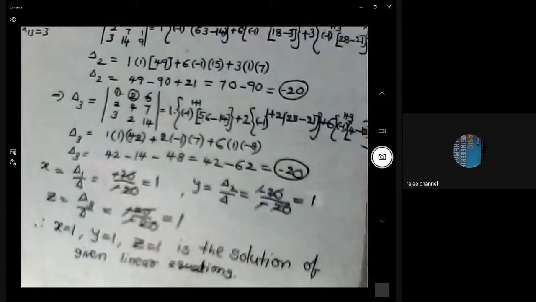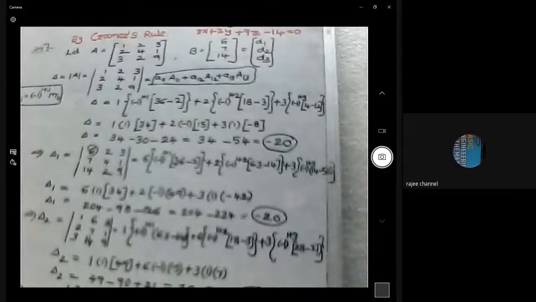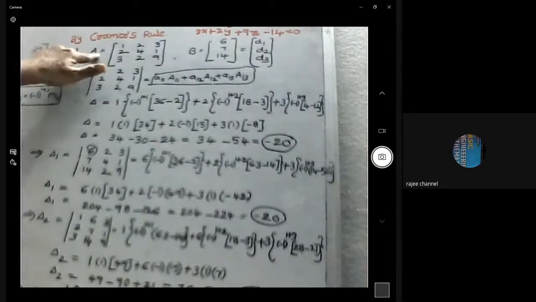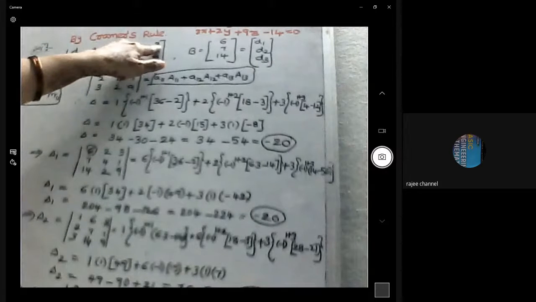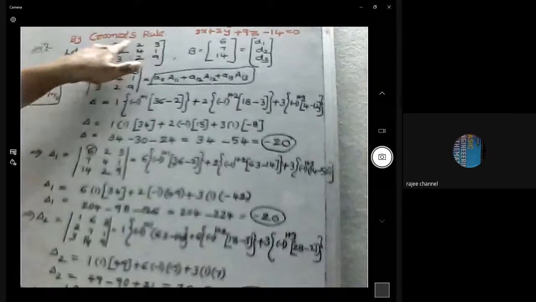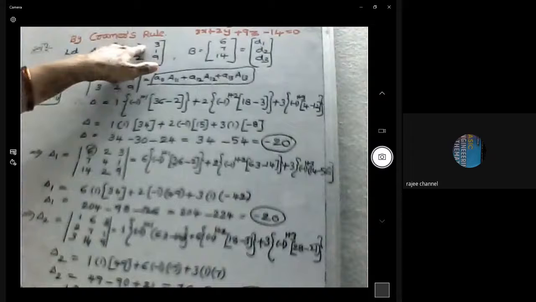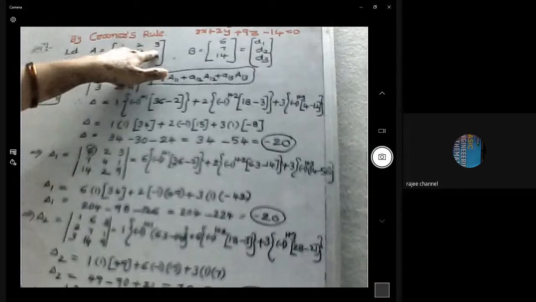Is the process understood now? Is Cramer's rule process understood or not? First we take A. The first row is taken from the coefficients of the first linear equation: 1, 2, 3, the x coefficient, y coefficient, z coefficient. Second row is taken from the second equation.